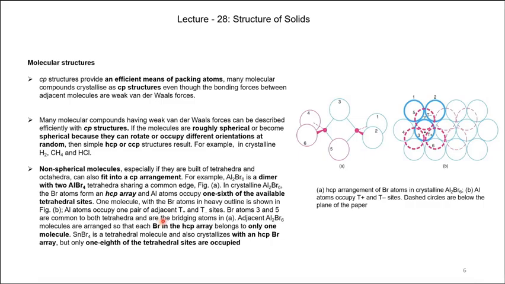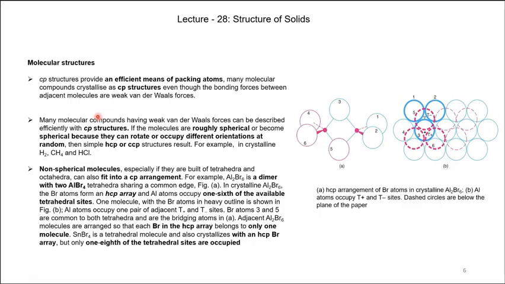So far we have been talking about covalent network structures, ionic structures, intermetallic structures, various classifications, and various compounds which crystallize in the same type of structures. This is what we have discussed, and we also discussed the packing arrangement.